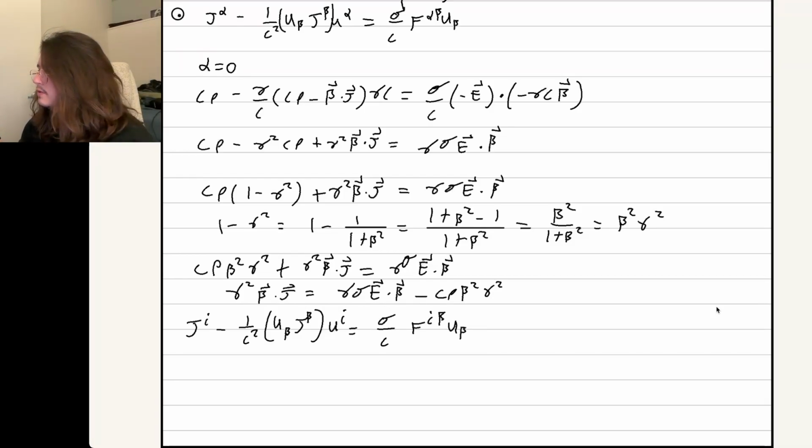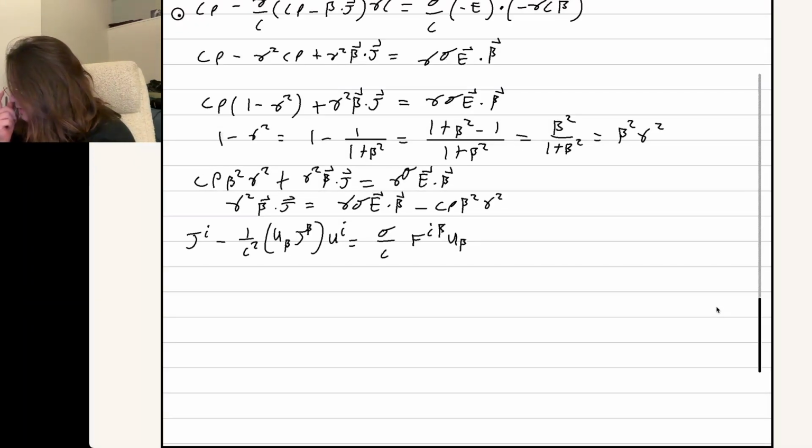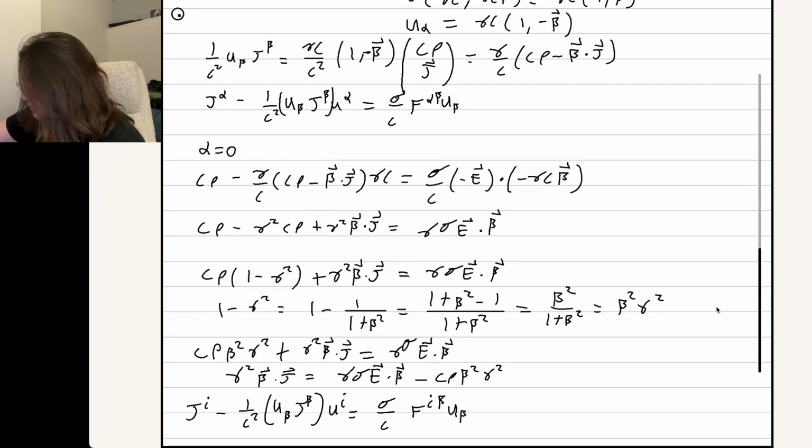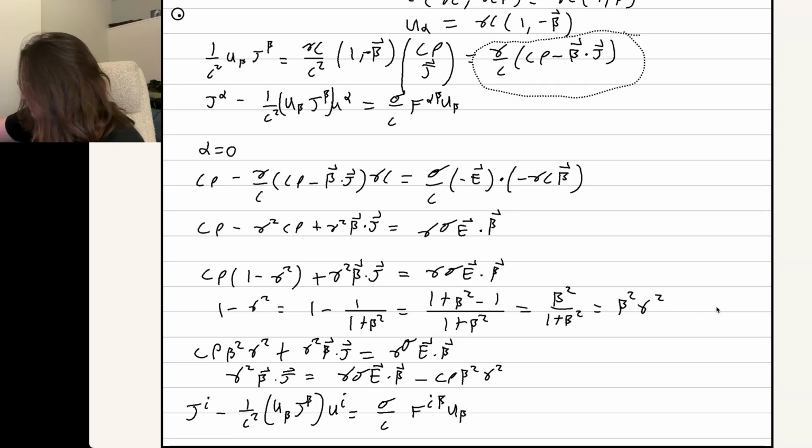And we're going to just tackle this equation one side at a time. So first of all, we have the solution for the dot product up here because it's gamma over c times that junk. So let me just copy that result down here.